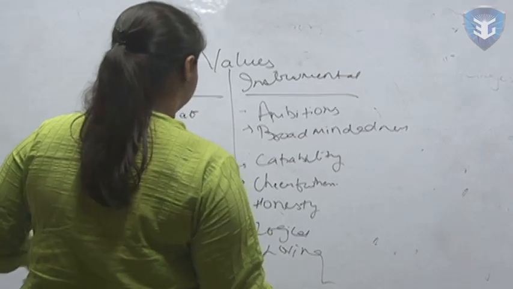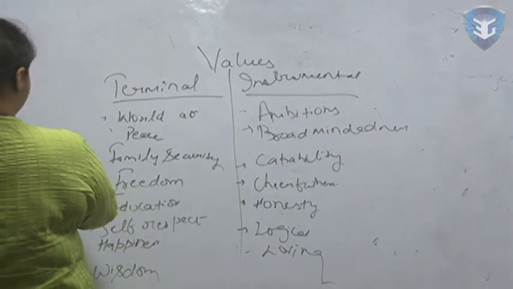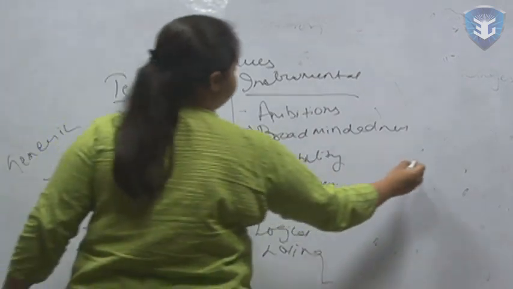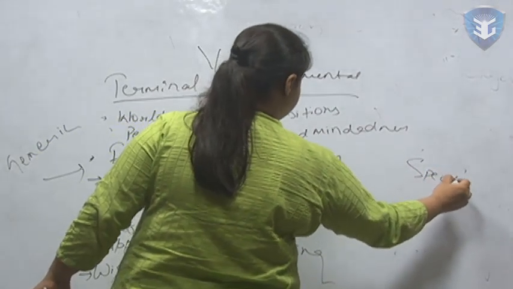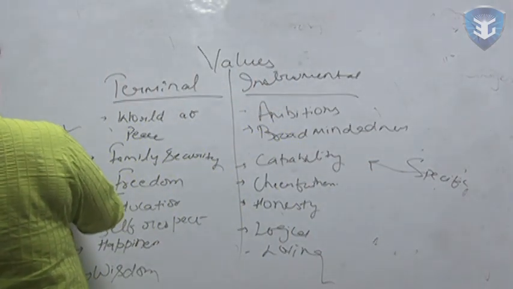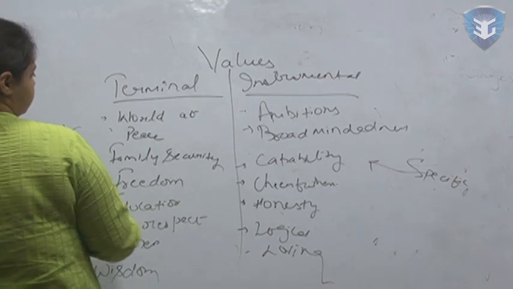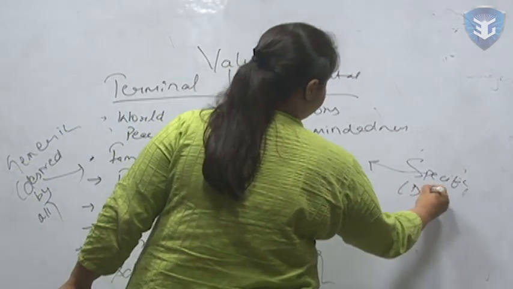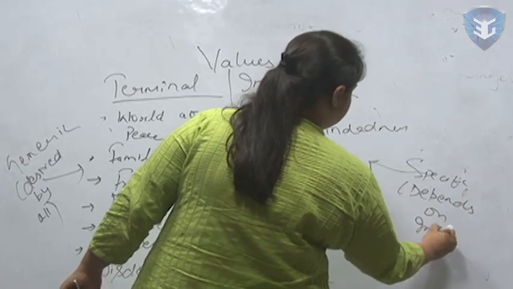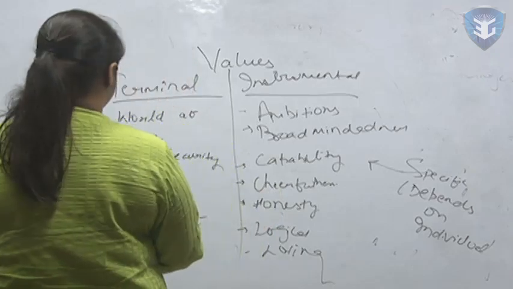So, these are two broad categories in which we can again divide values. These are more generic in nature and these are specific in nature, because this is somewhere desired by all and this depends on the individual, like how much weightage they give to which attribute.